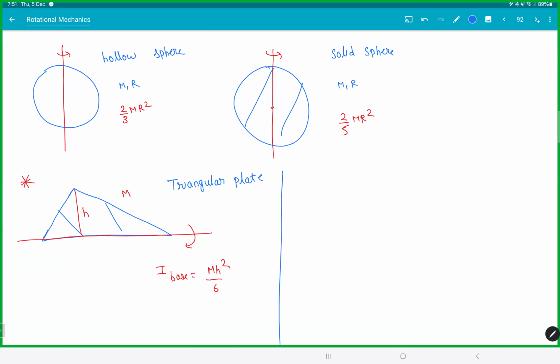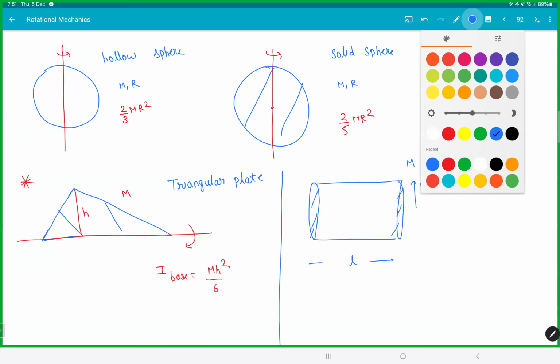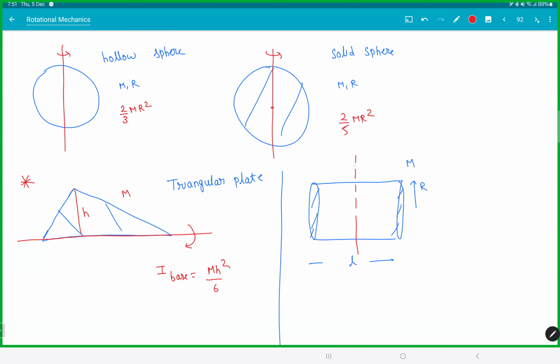Now, there is one more shape. If you have a cylinder, mass m, radius r, and length l, and if you take about this axis, this can be treated as a rod plus a disk.